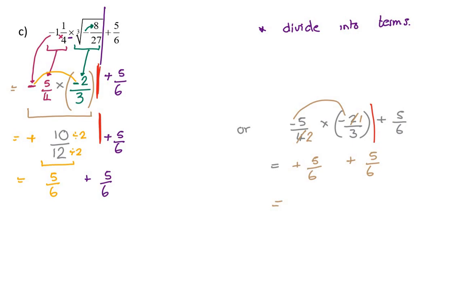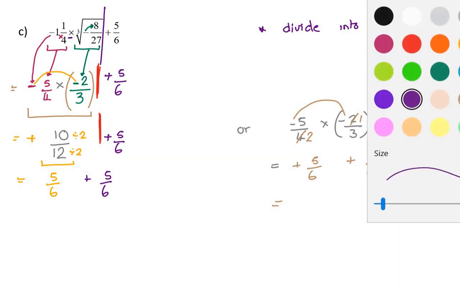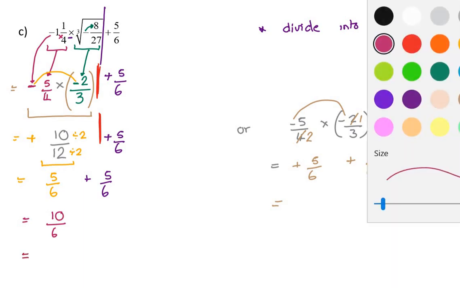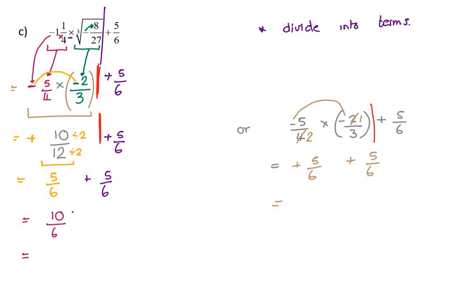So if I simplified that 10 over 12, I would now get 5/6 plus 5/6, whatever way I did it, and 5/6 plus 5/6, you just add the numerators, so I get 10 over 6. Now that's definitely not simplified because those are both even numbers. So if I divide this by 2 and I divide this by 2, I get 5 over 3.